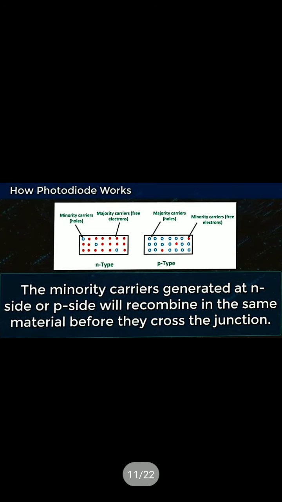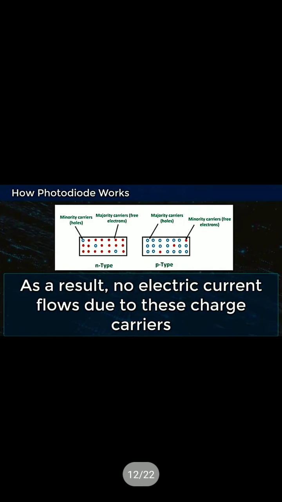Now the minority carriers generated at the N side or P side will recombine in the same material before they cross the junction. As a result, no electric current flows due to these charge carriers.